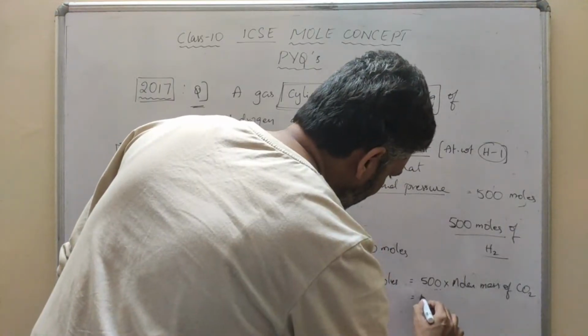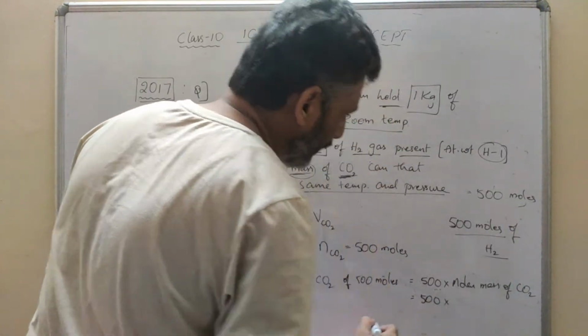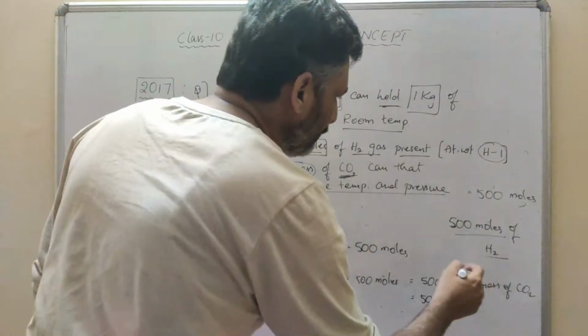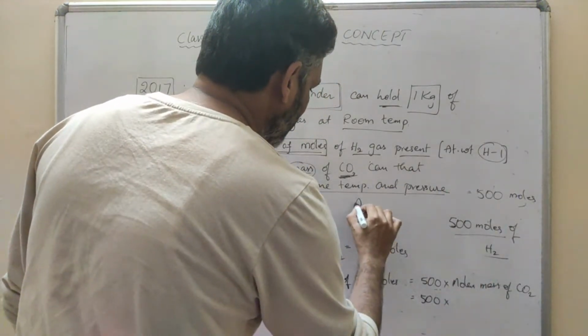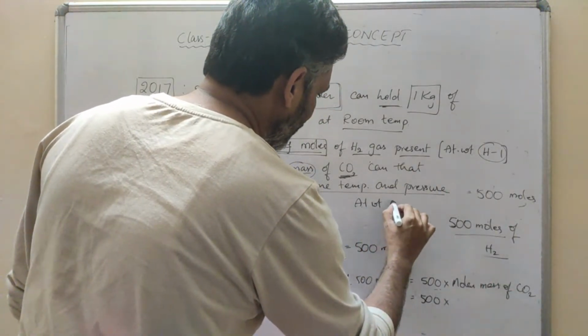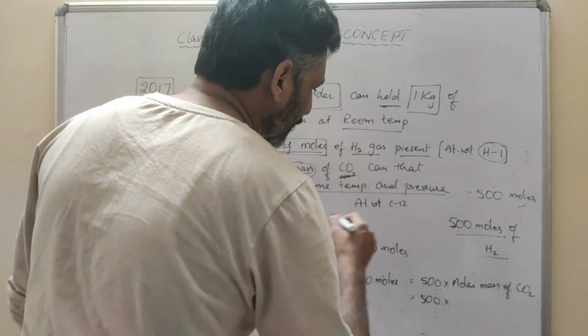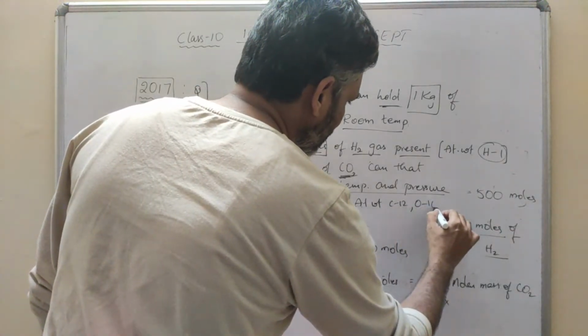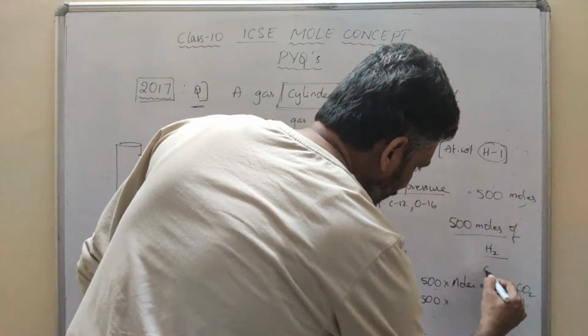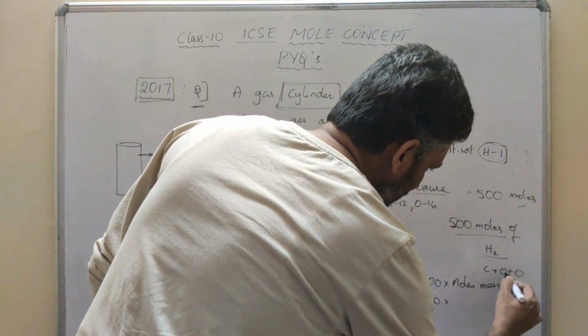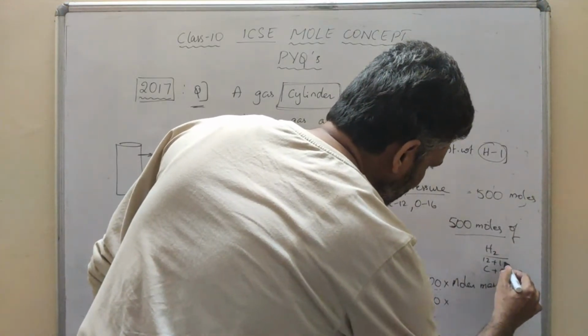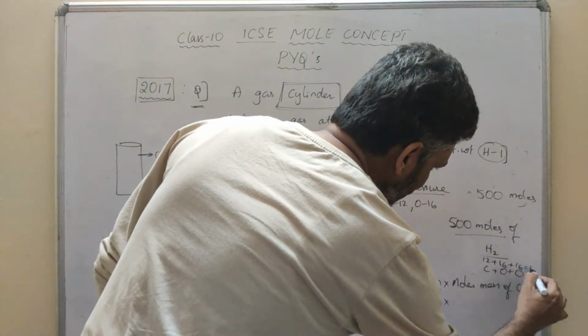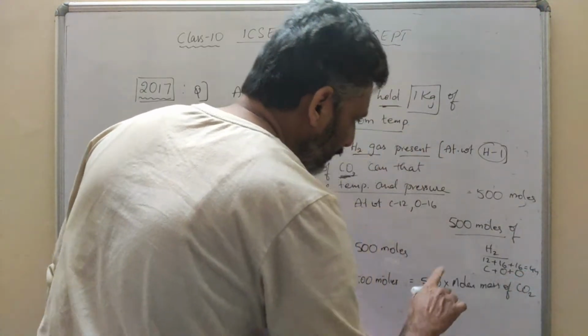So here 500 into, what is the molar mass of carbon dioxide? Atomic weights of carbon and oxygen will be given. Atomic weight for carbon is 12 and for oxygen is 16. So in this I have 1 carbon and 2 oxygens. So 12 plus 16 plus 16, that is 44 grams. So that is for 1 mole.